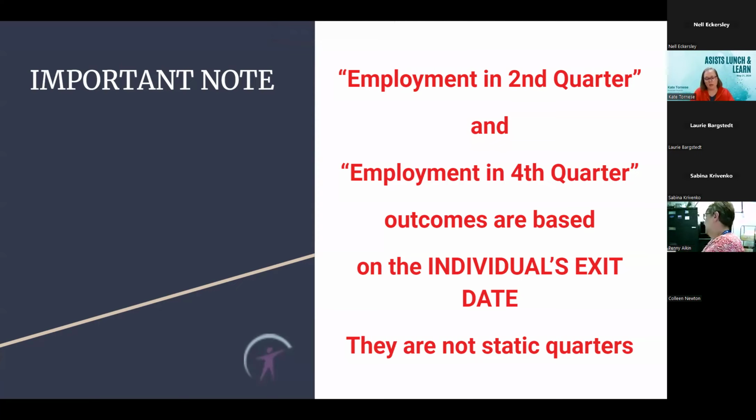We will look at that and tell you what change needs to be made or what question should have been answered in order to be able to claim positive credit for that. Okay.